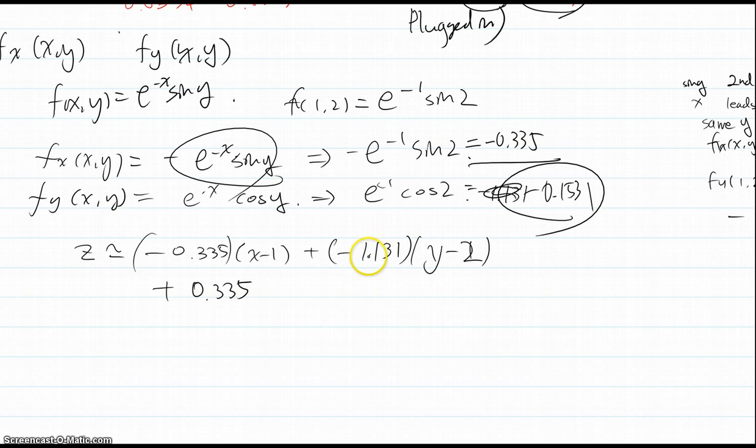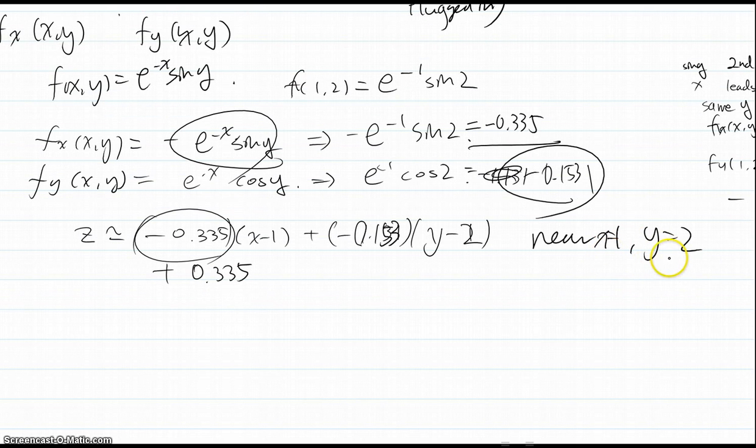Plugging in those values, sorry about mistakes, I got fx times (x minus 1), because it's near x equals 1, y equals 2. I want to use x minus 1 and y minus 2, and the second term would be negative 0.153, the exact same value we got, times (y minus 2).